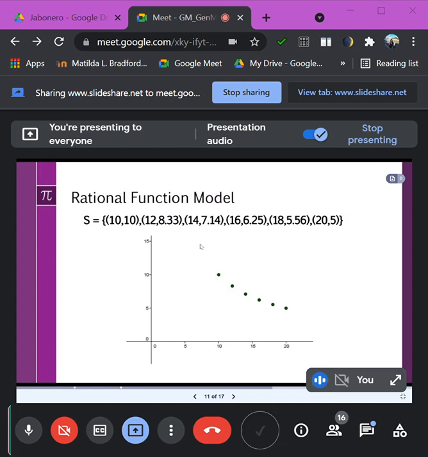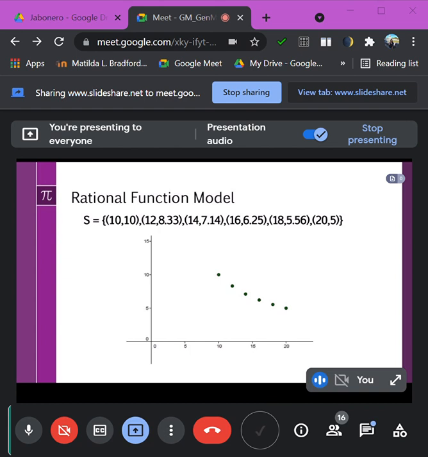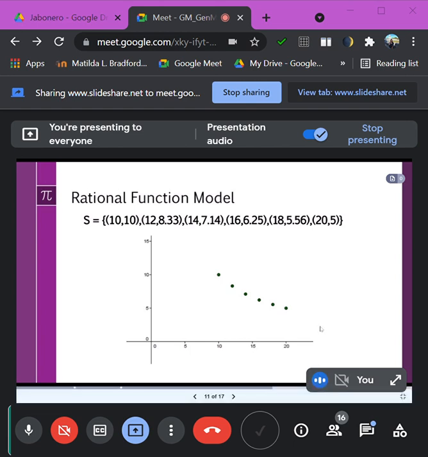It is not a line, but a smooth curve, because a line is a linear function. But a rational function is a curve. So that is our fourth representation for our rational function given a while ago.